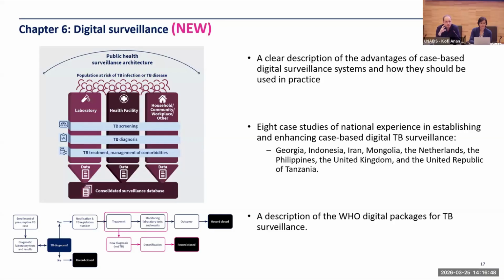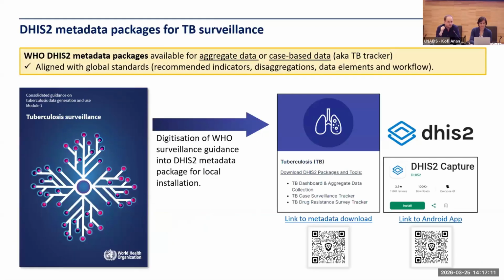So this chapter provides a clear description of the advantages of case-based digital surveillance systems and how they can be used in practice, with 8 case studies of national experience in establishing or enhancing case-based digital TB surveillance in their settings. We also provide a description of the WHO digital packages for TB surveillance, which is what we'll move on to now. Next slide, please.